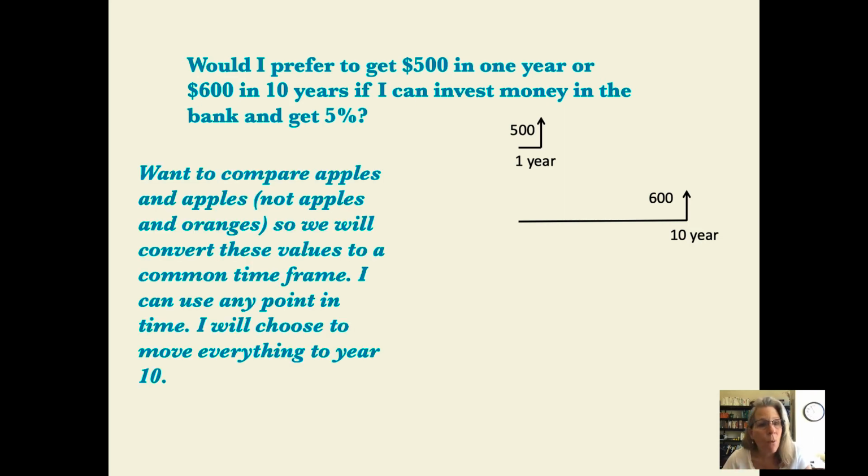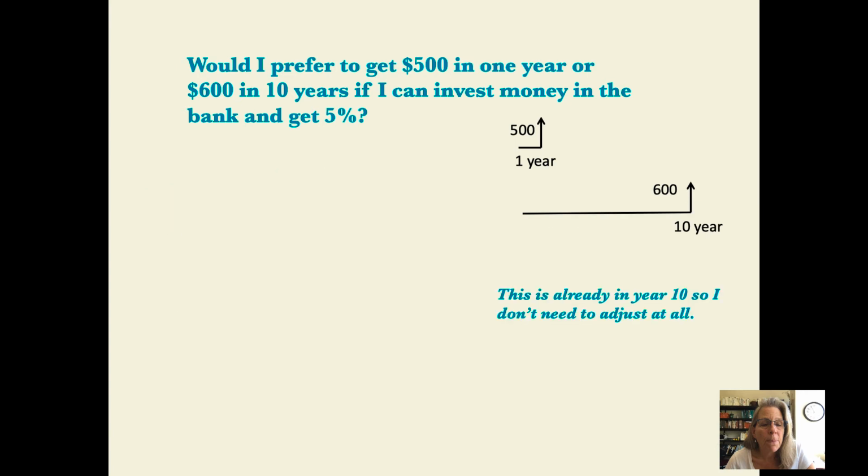Now remember, what I want to do is compare apples and apples, not apples and oranges. So I will convert these to a common time frame. And I can actually use any point in time. I can use present value, I can use 1 year out, but I'm choosing to do it 10 years out. As long as they're the same, I can compare them. I can't compare them right now because they're in time period 1 and time period 10.